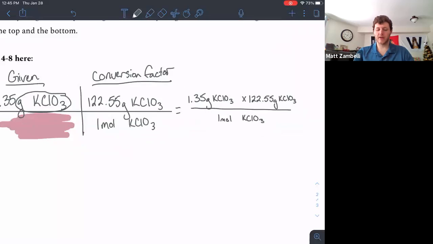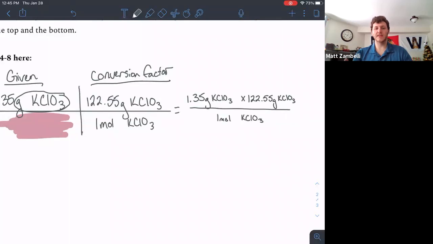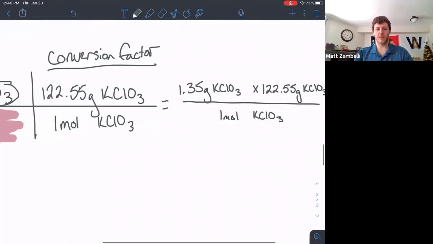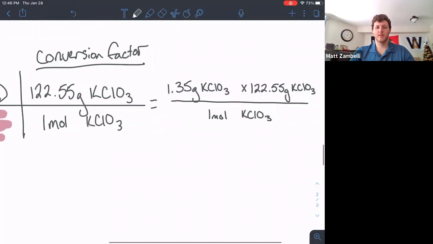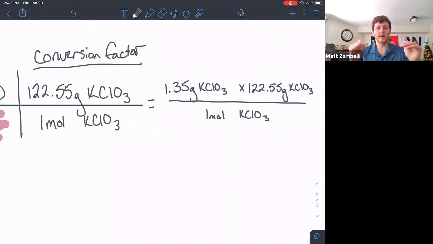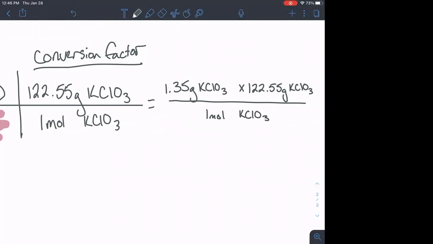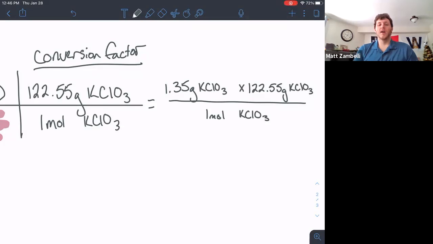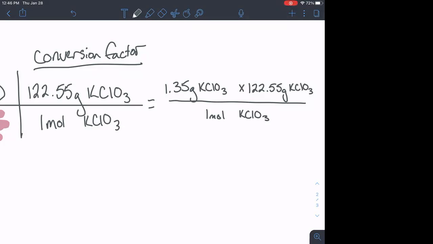Looking at this, do we still agree that the grams of potassium chlorate, the 125 in our conversion factor, goes on top and the moles go on the bottom? Or do we want to change it? What do we think? All right, it's good.